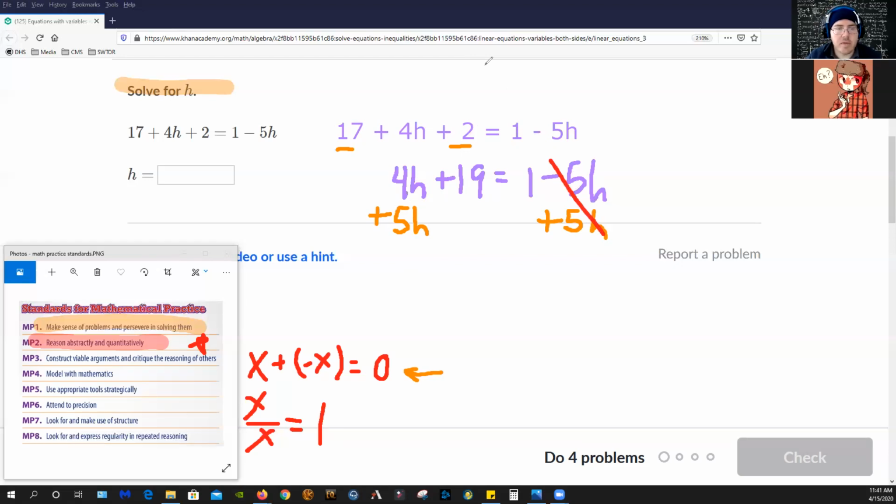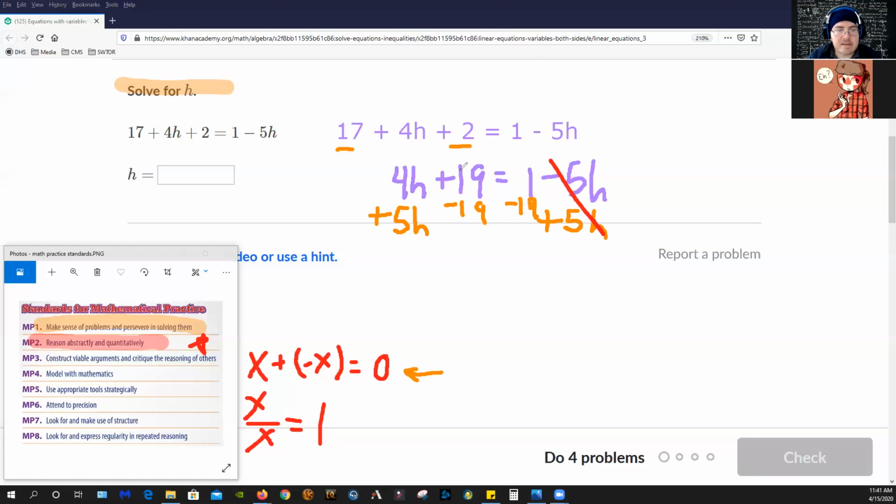And that's not the only thing we're going to try to cancel out. We want to get the H's on one side, and we want all the constants to be on the other side of the equation. That's all the whole numbers or decimals or fractions, things that don't have variables. So the opposite of adding 19 is adding a negative 19. So I'm going to do that to both sides.